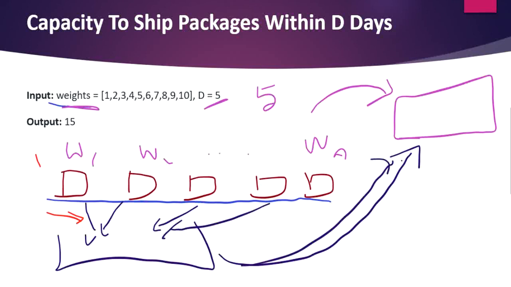Here the condition given is we cannot load the ship more than its capacity, and we have to return the minimum weight needed so that we can send all these containers to the other place in this number of days. So how are we going to approach this problem?